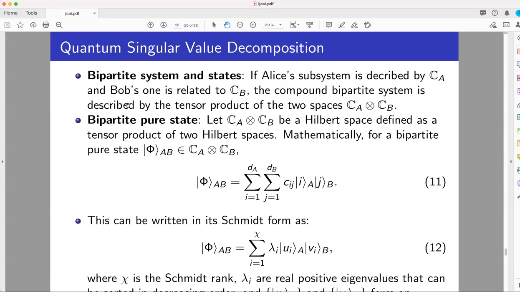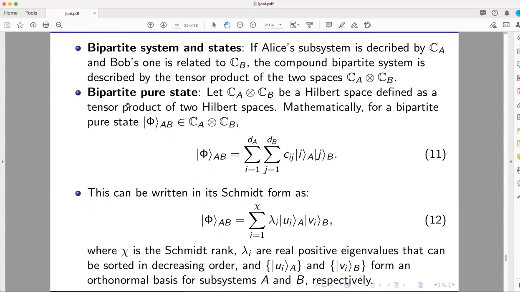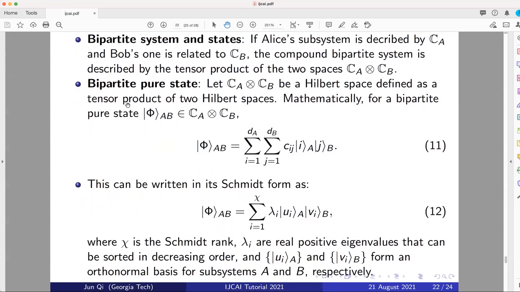If we apply the traditional SVD to this traditional vector in Dirac notation, it can be decomposed as a linear combination of two orthonormal bases in two different Hilbert spaces. This is quite an important definition that converts the classical SVD into Dirac notation.